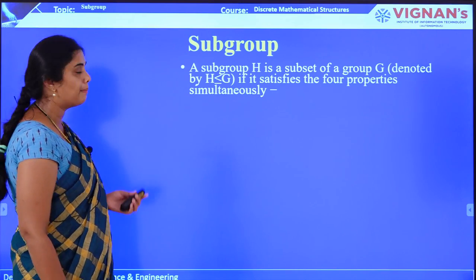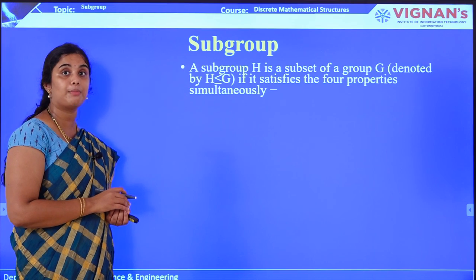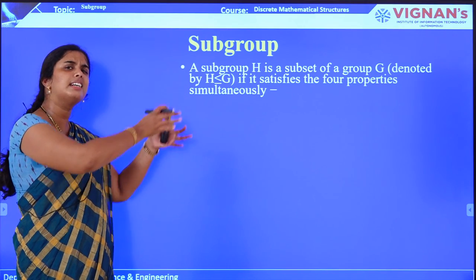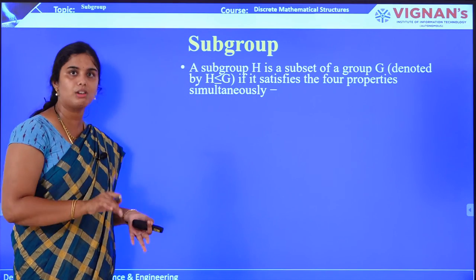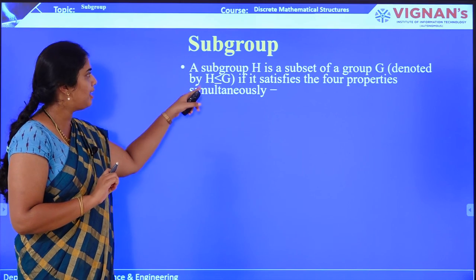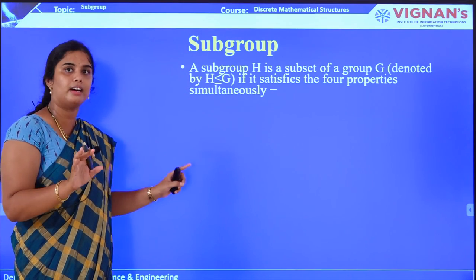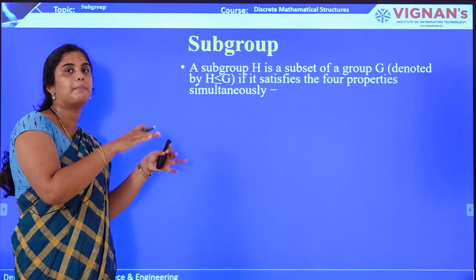Next is the subgroup. What is a subgroup? You have already learned about subsets. What is a set? A set is nothing but a well-defined collection of objects. What is a subset? It is also a well-defined collection of objects, but it contains only part of the elements. Similarly, a subgroup is also similar to a group, but it contains a lesser number of elements when compared to the group.